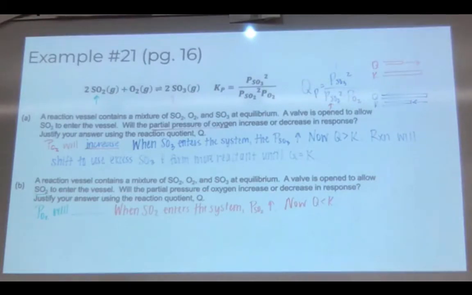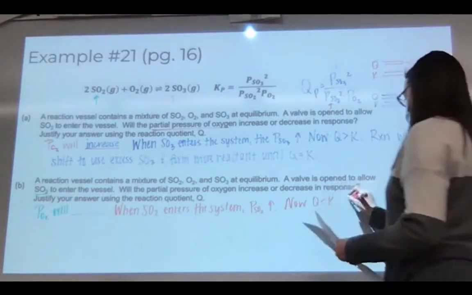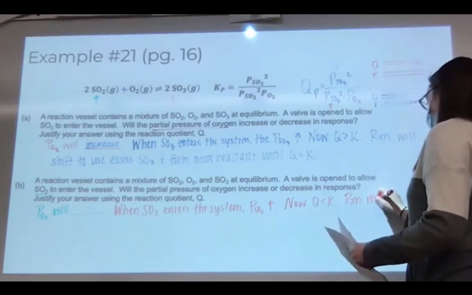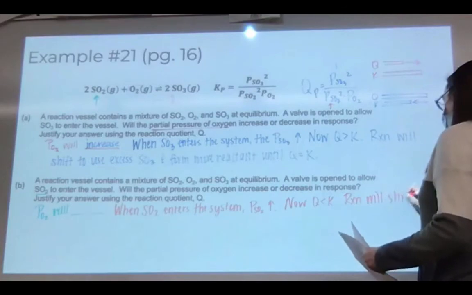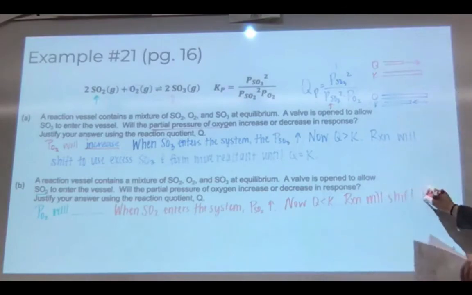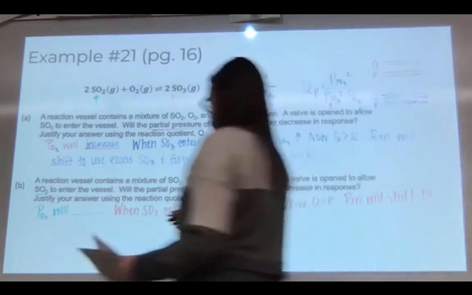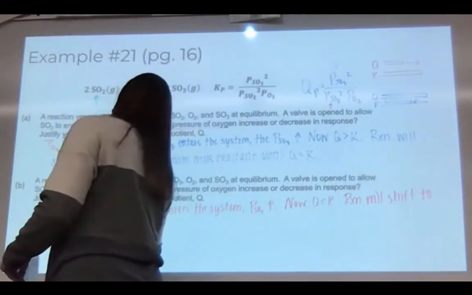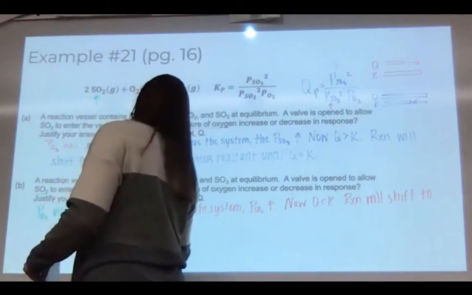So if Q is less than K, I can draw this and say reaction will shift to consume excess reactant.